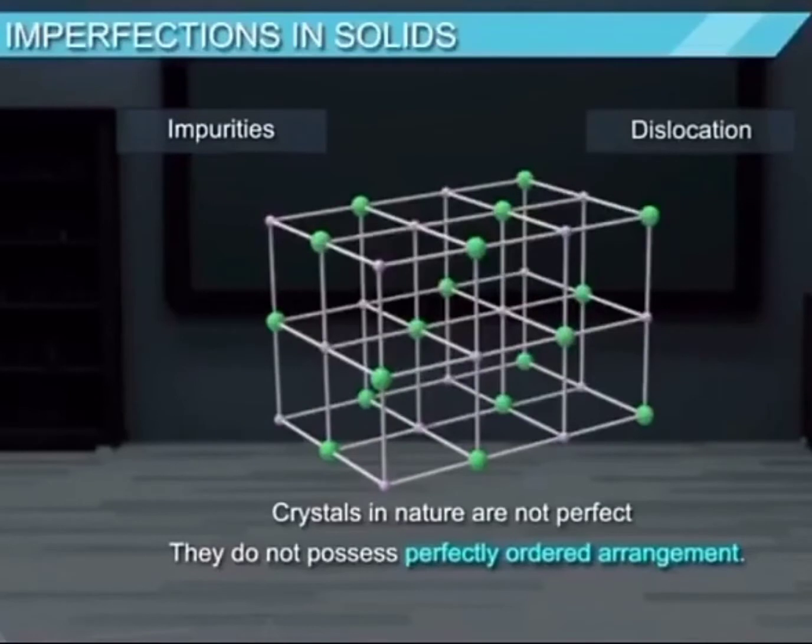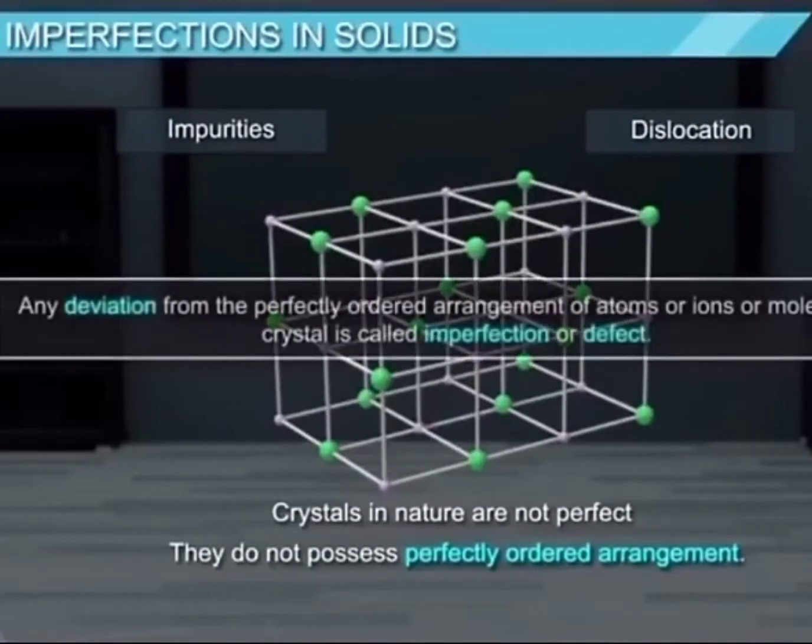They may have imperfection due to presence of impurities or due to dislocation. Any deviation from the perfectly ordered arrangement of atoms, molecules or ions in the crystal is called imperfection or defect.